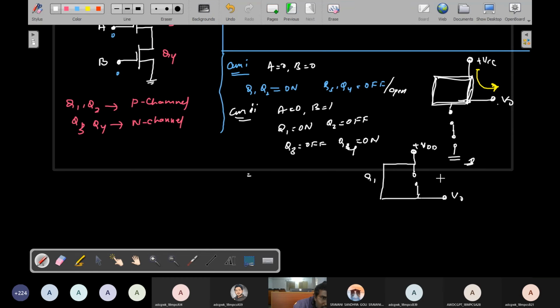So Q1 is a short circuit, Q2 is an open circuit, Q3 is an open circuit, and Q4 is saturated. Simply take ground. In this situation also, VDD is not connected to the ground terminal because there is an opening: Q3 is off but Q4 is on, meaning it is short circuited.